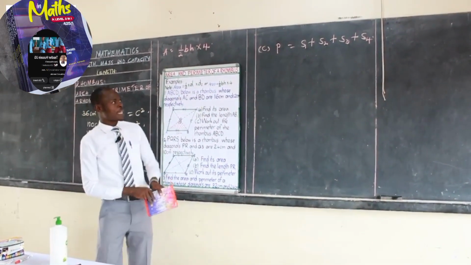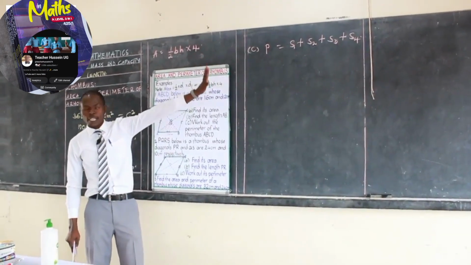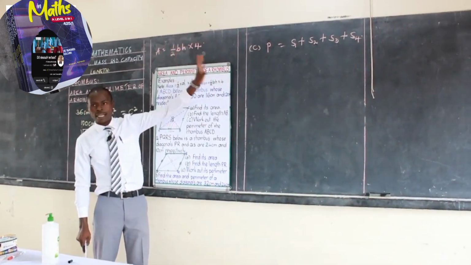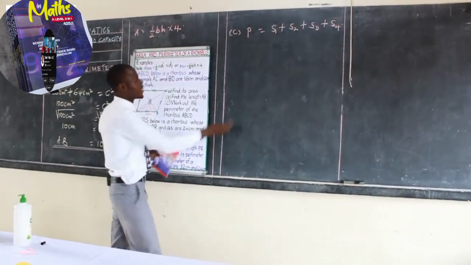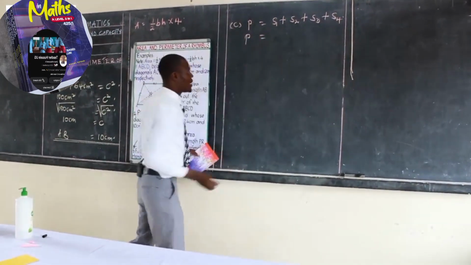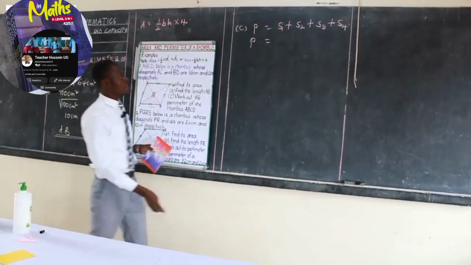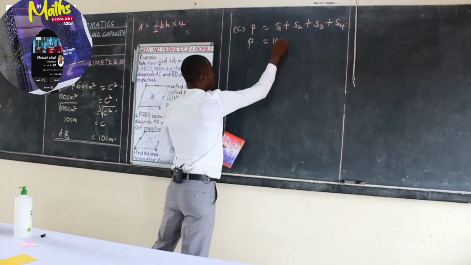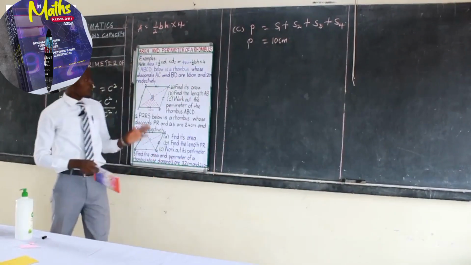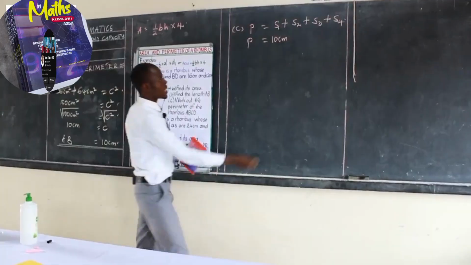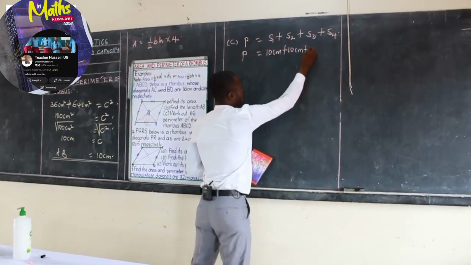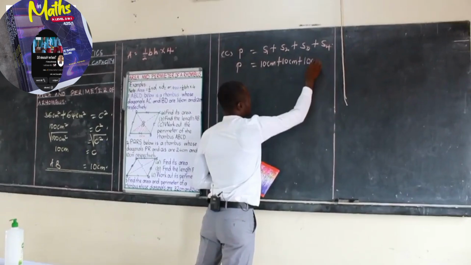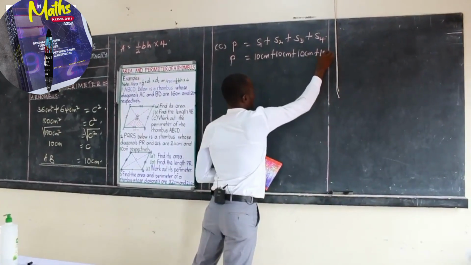Now, that's the first step: stating the formula. Then, when done with stating the formula, please go ahead and substitute in. Our first side is measuring 10 centimeters. Since it is a rhombus, all sides are equal, so all sides are measuring 10 centimeters. Plus 10 centimeters, class, plus 10 centimeters.